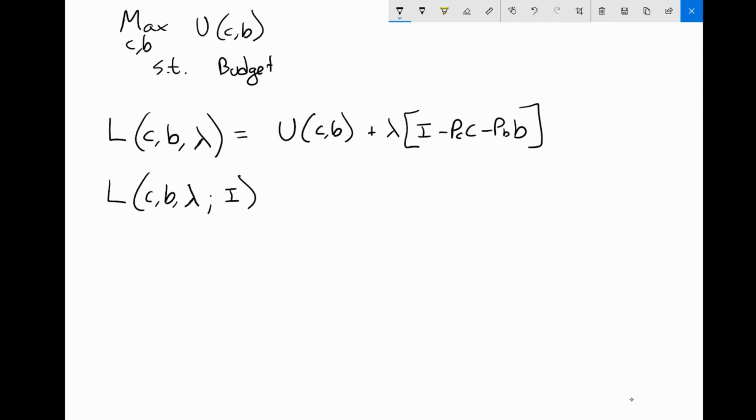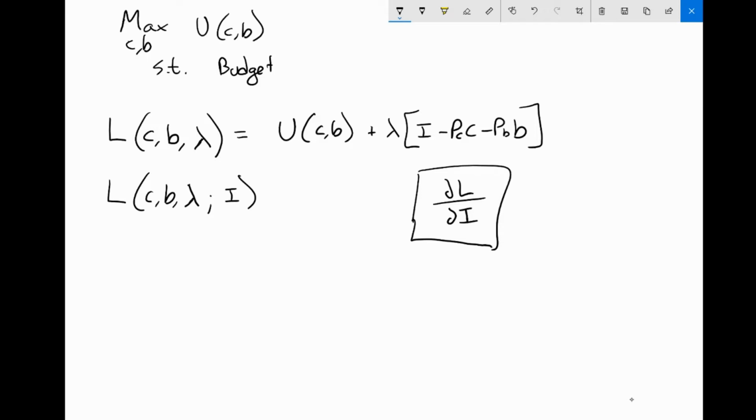So here we have variables and then we have parameters. Then I want to know how does a change in income affect a change in the overall utility?